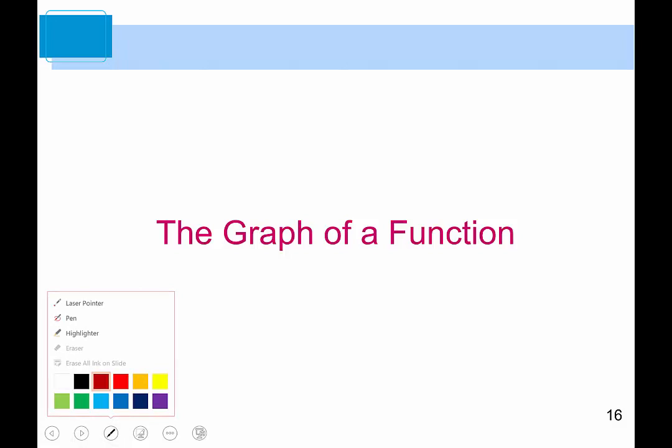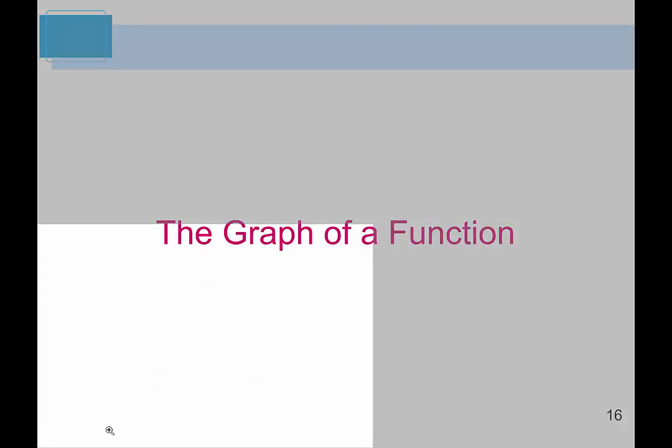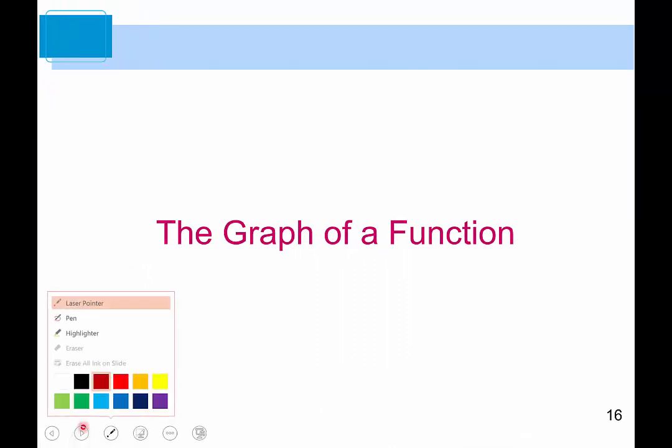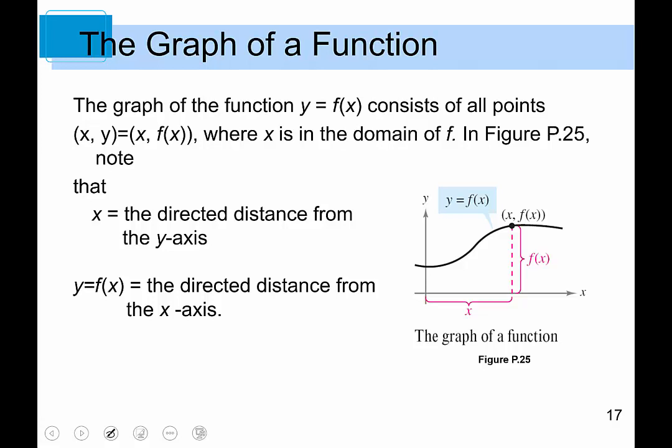Next, let's take a look at the graph of a function. The graph of function f consists of all points x, y, same thing as x, comma, f of x. Y is the same thing as f of x, and x is in the domain of the function.